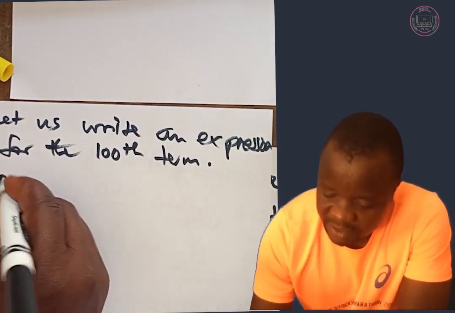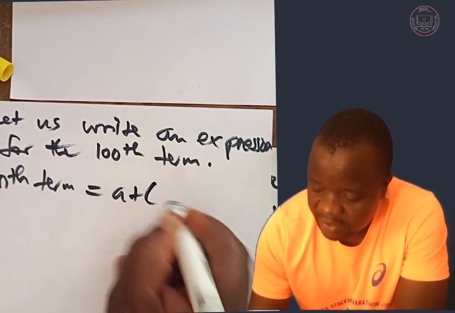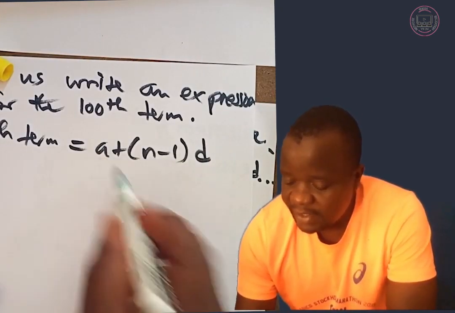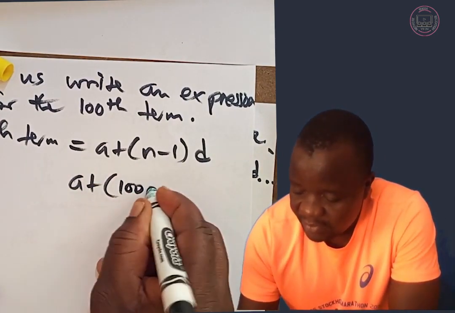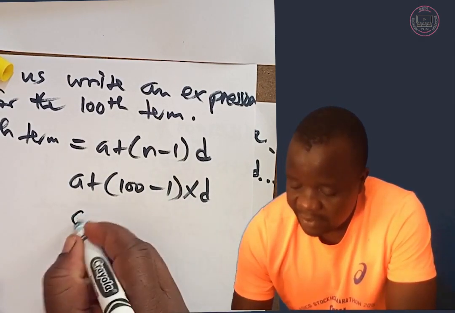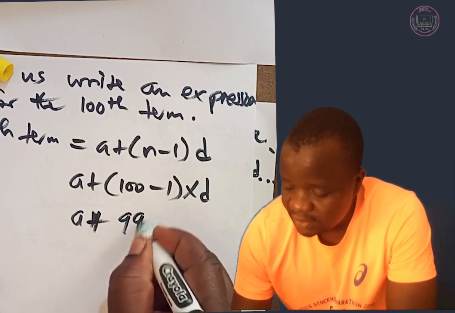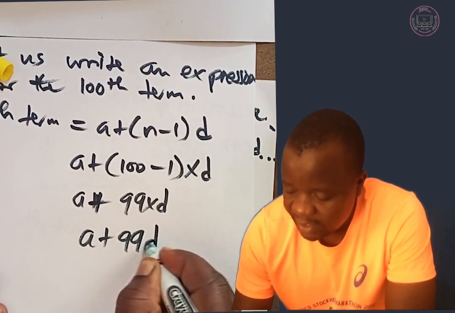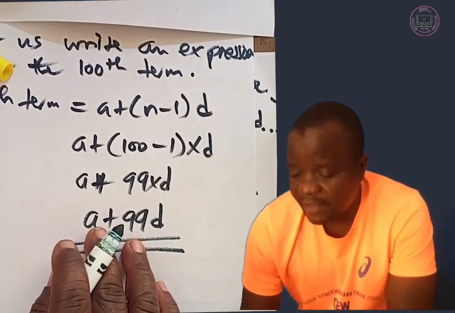It means we'll say our nth term is equal to a plus n minus 1 d. Now our n is 100, so we are going to have a plus 100 minus 1 multiplied by d. So 100 minus 1 is 99 times d, which is a plus 99d. So this will be an expression for the 100th term.